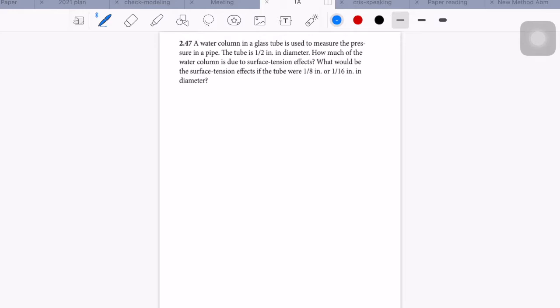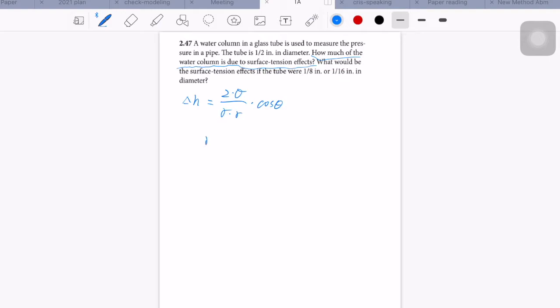For this first problem, we need to determine how much of the water column is due to the surface tension effect. That means we need to calculate the capillary rise. From Professor DeBlau's lecture, we know that delta H equals 2 times sigma, the surface tension, over gamma times the radius times cosine theta.